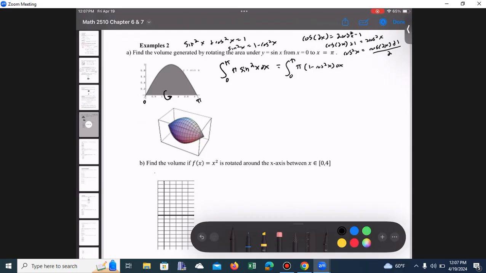Right, so we'll write this out now. 0 to pi, 1 minus cosine of 2x over 2, and minus 1 half, since we're subtracting cosine squared, dx.